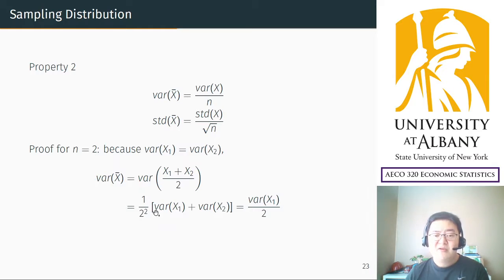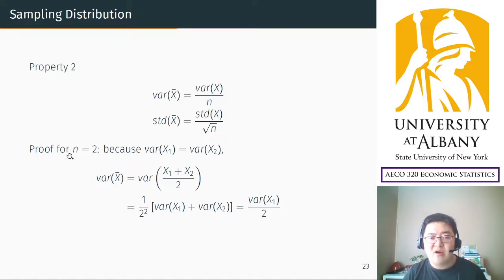You remember, a linear transformation is not preserved by the variance. When you multiply by a, the variance is multiplied by a squared. So when you divide by 2, the variance is divided by 2 squared, which is 4, but there are two variances, so one of them is cancelled out. So in the end, you only have one in the denominator, that is n.